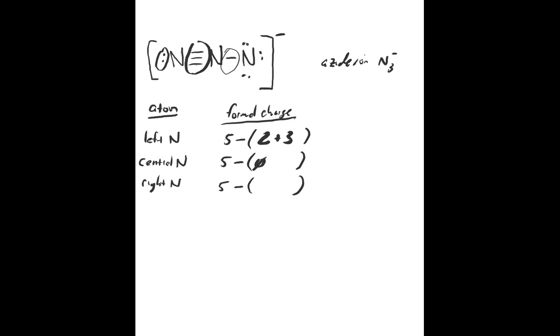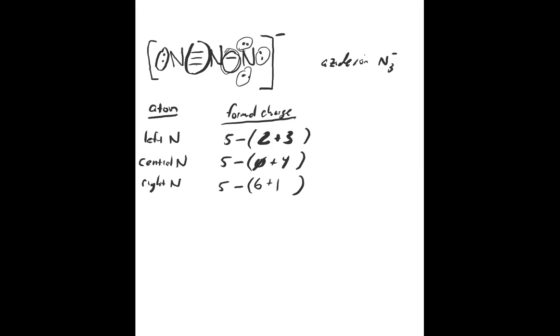Remember, in formal charge calculations, a bond only counts as 1. And the one on the right has 3 lone pairs, so that's 6, and then it has 1 bond, which is 1. This is interesting. Even though we have 3 nitrogen atoms, they're going to have different formal charges.